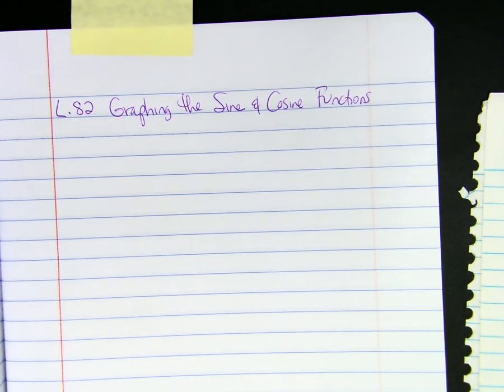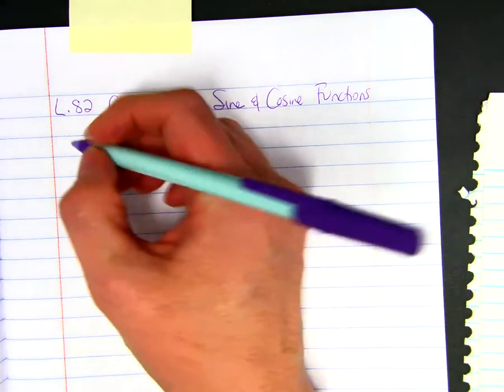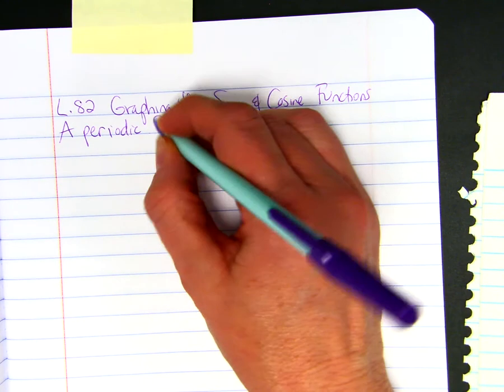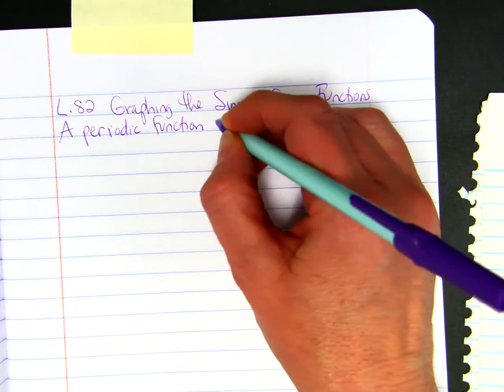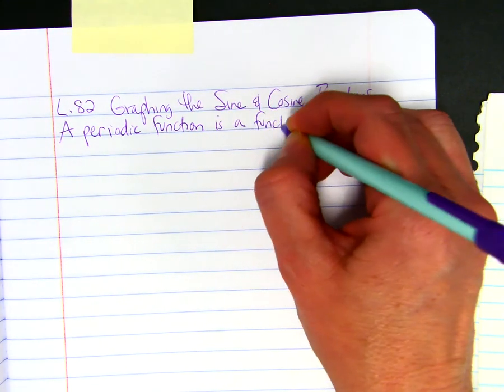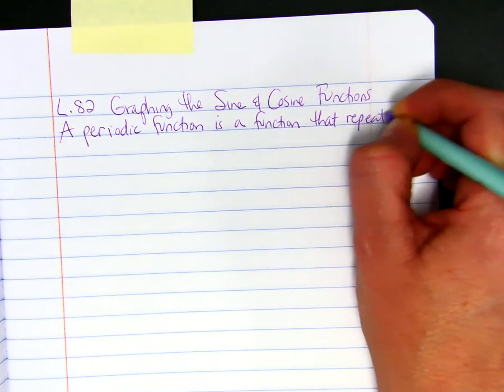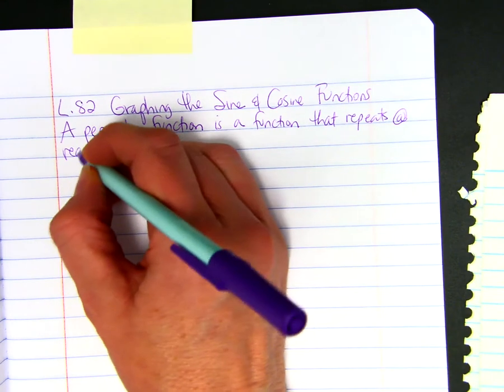Okay, there's a certain type of function that's called a periodic function. So we're going to learn what that is first. It is a function that repeats at regular intervals.